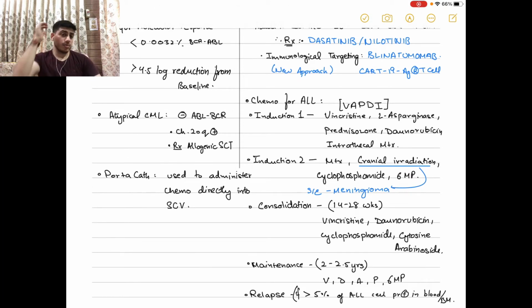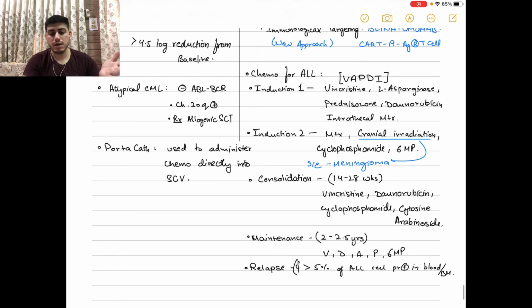Now what we usually do is we perform chemotherapy in these patients, but there are different phases of treatment. It's not a short treatment, it's a long period of treatment. We start with induction 1, then induction 2, then consolidation, which takes about 14 to 28 weeks, then maintenance for 2 to 2.5 years.